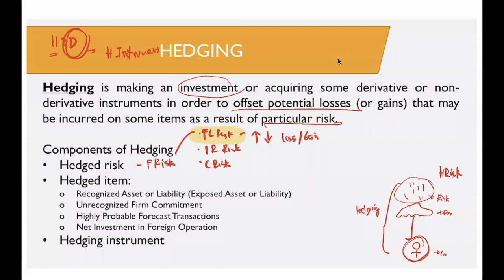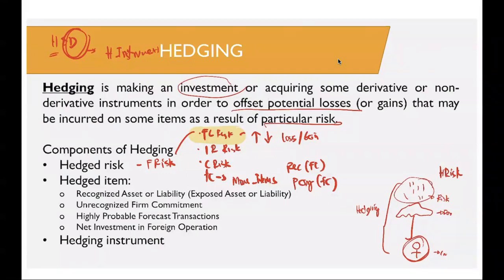We know this as money items, if you still remember. In a foreign currency, we have money items. These are the recognized asset or liability. This is a receivable denominated in a foreign currency, or a payable, again denominated in a foreign currency.